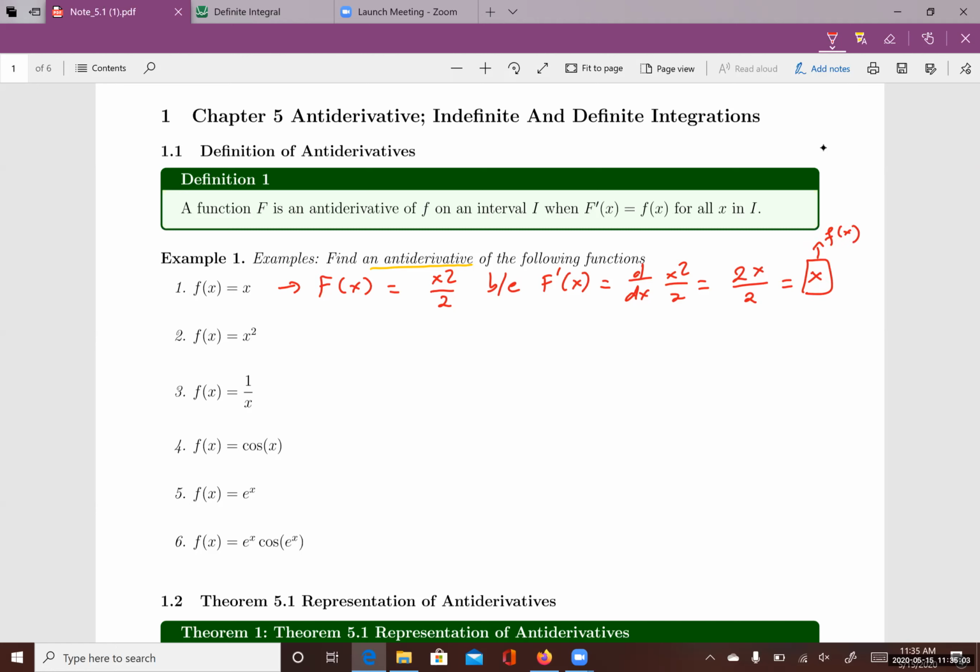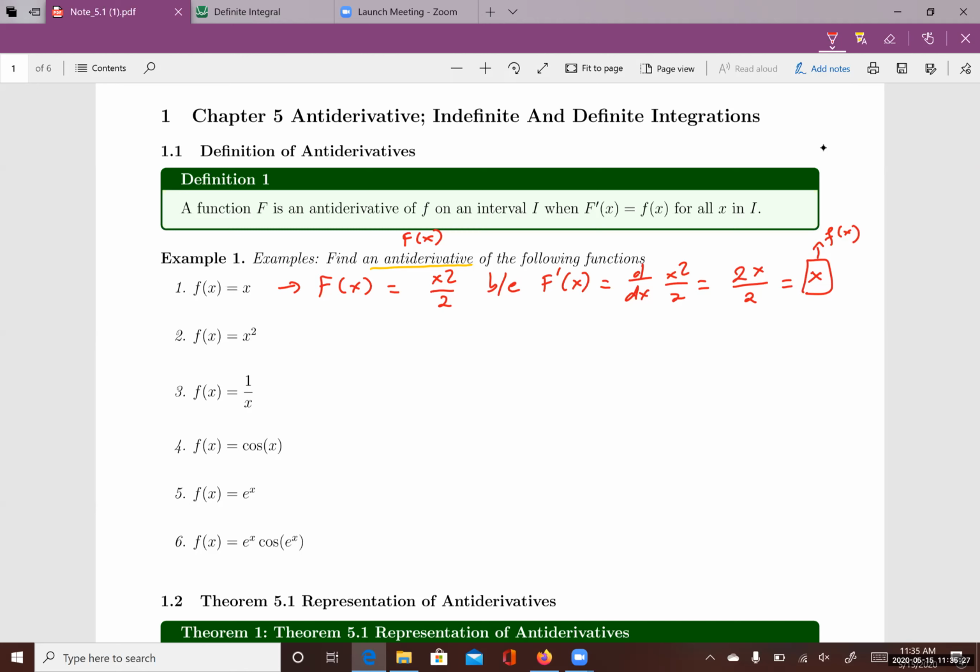So we verify this antiderivative function big F of x by taking its derivative, and if it equals the original function small f of x, then you know that big F of x equals x squared over 2 is an antiderivative of small f of x.